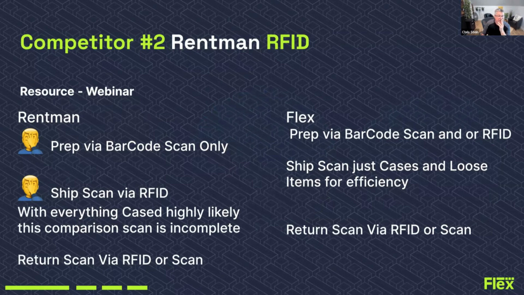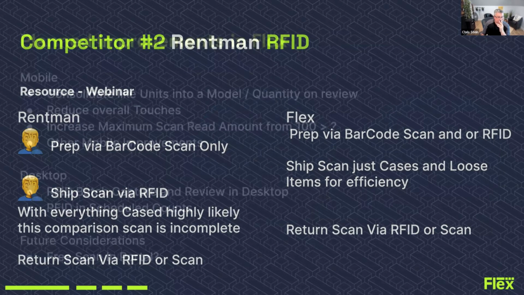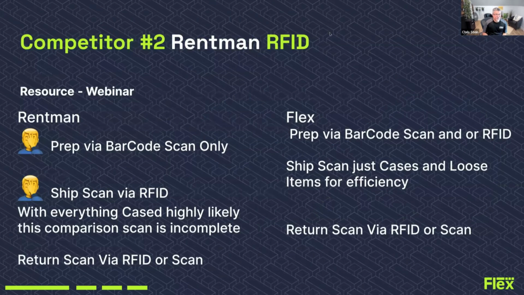Rentman is another competitor. The way they put their system together is they have to use barcode scanning for prep. I don't know why, but to me, you're losing half the value of prep for all those items that we've got, 70 items. We're able to grab all those 70 items with RFID instead of scanning.